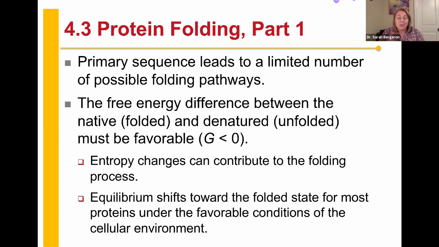Well, protein folding occurs on millisecond scale, right? So that's not going to happen. That would take too long. So there are only a limited number of possible pathways. And so it restricts, you don't have to go through all the possibilities because some of them are non-viable.